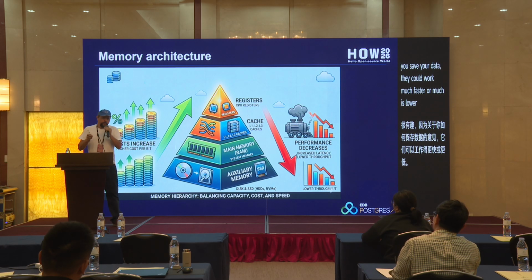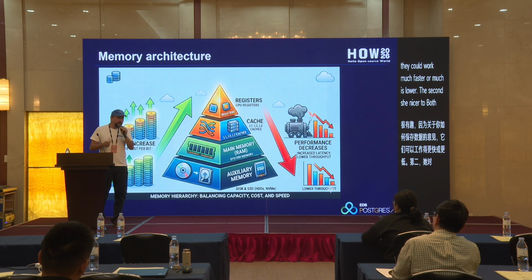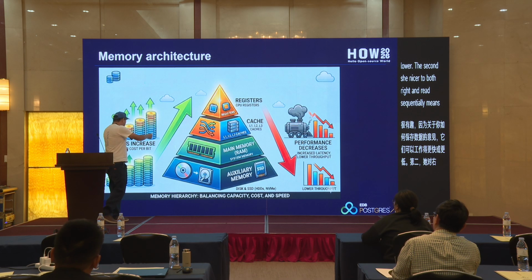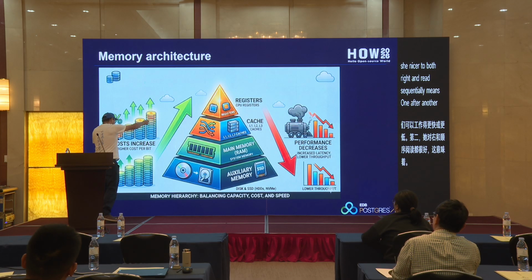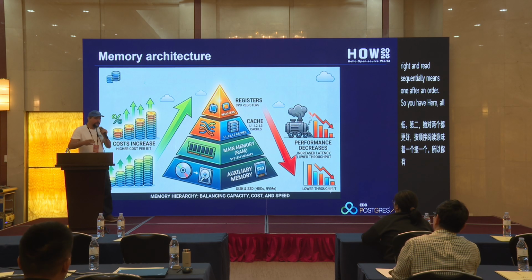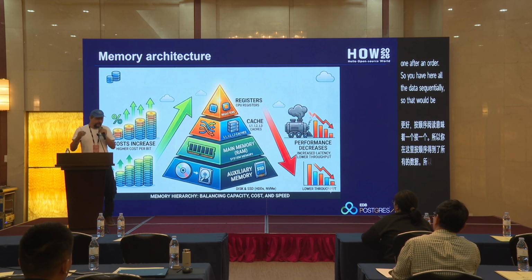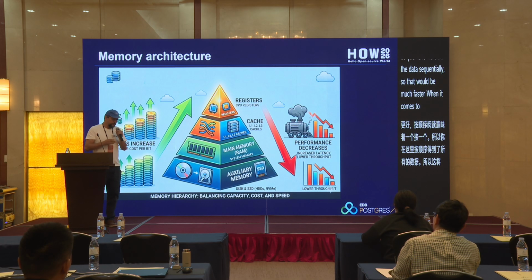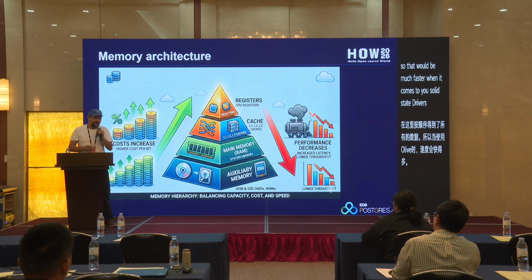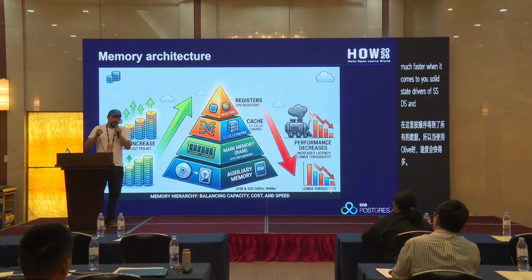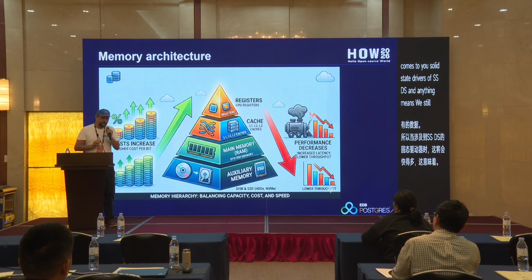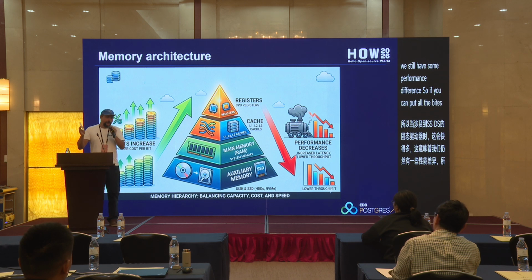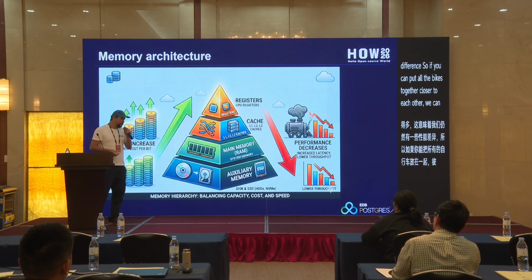If we work with our data sequentially, one after another, that would be much nicer to both write and read. When it comes to solid state drives, SSDs and NVMEs, we still have some performance difference. If we can put all the bytes close to each other, we can still have some improvements.